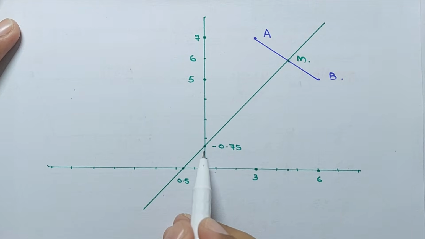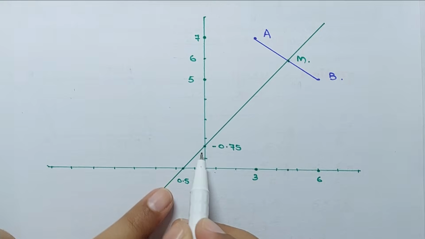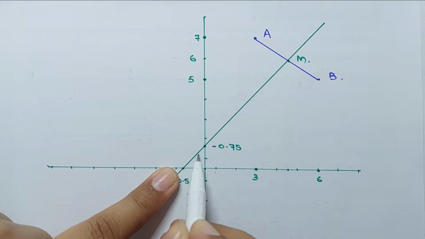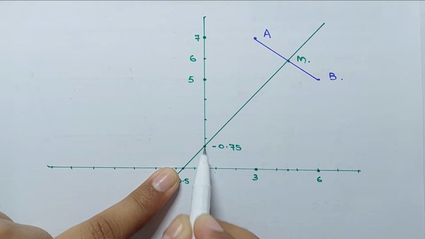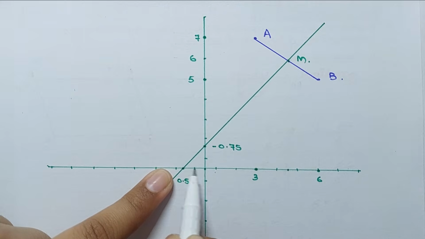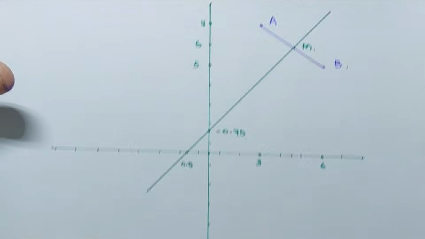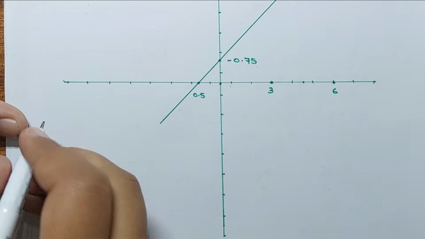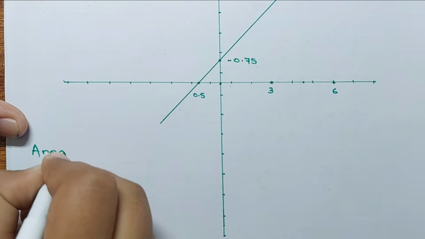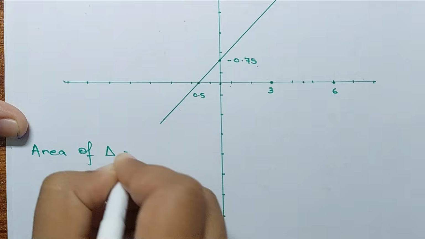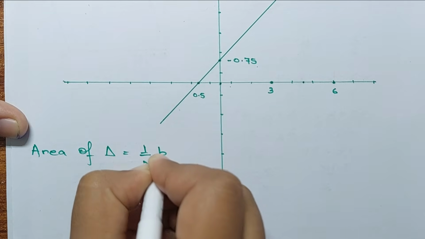Right, now we need to figure out the area of the triangle formed by the perpendicular bisector of AB, the x-axis and the y-axis, which is half, the base and the height. The base is from 0 to 0.5, the distance is 0.5. From 0 to minus 0.75, the distance is 0.75. So the area of a triangle is half base times height.